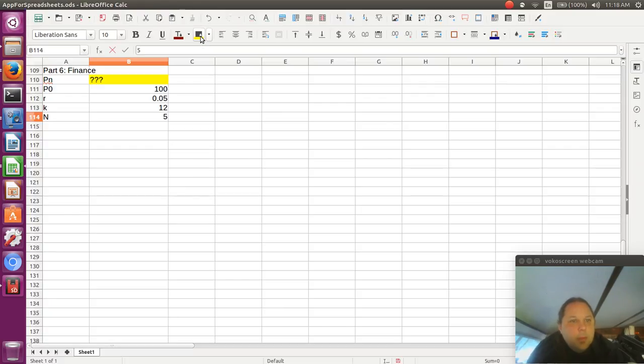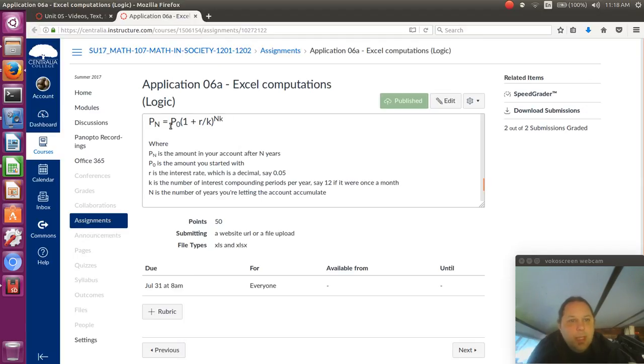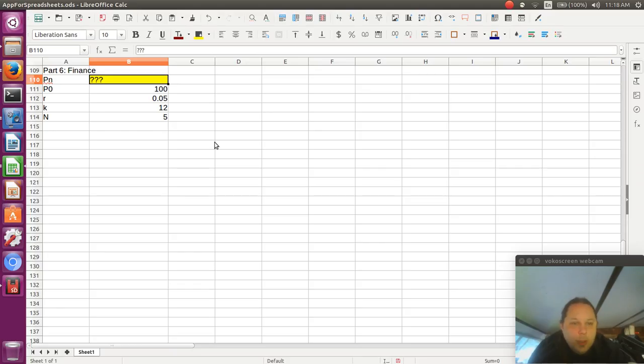Okay. And now here is the formula. Pn equals P0 times 1 plus R over K, to the power of n times K. And you notice what I'm doing is clicking on the cell that has the value in it.